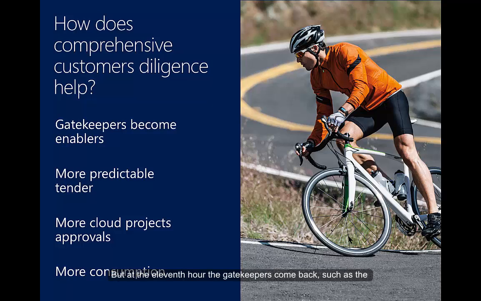But at the 11th hour, the gatekeepers come back, such as the corporate counsels and risk management people, and they tell them, hey, you have not dotted all the i's and crossed all the t's. You need to go back to square one. Does that sound familiar? Oftentimes that even happens after the deal's been closed, and that might explain why there's no consumption on some of our customers' end.